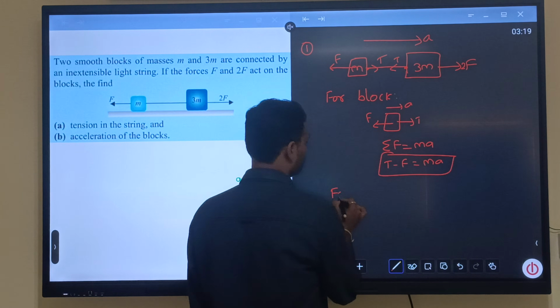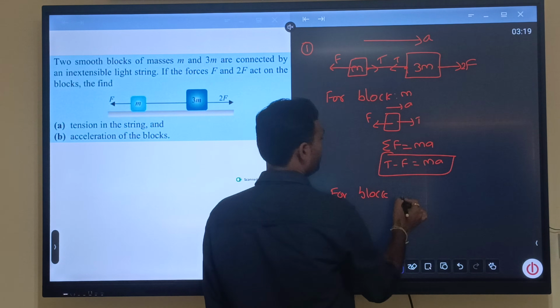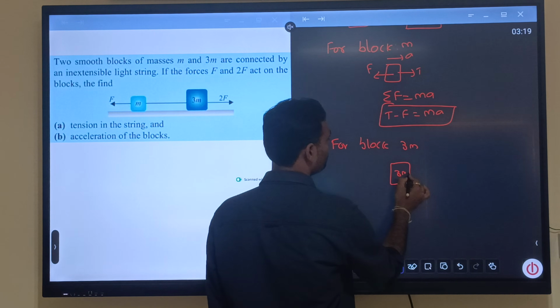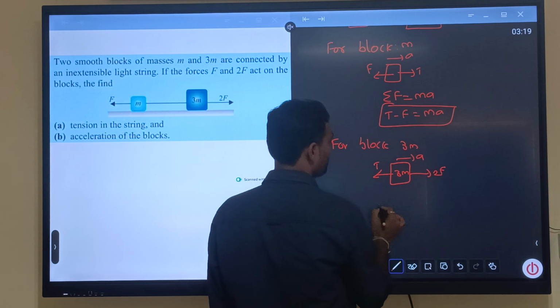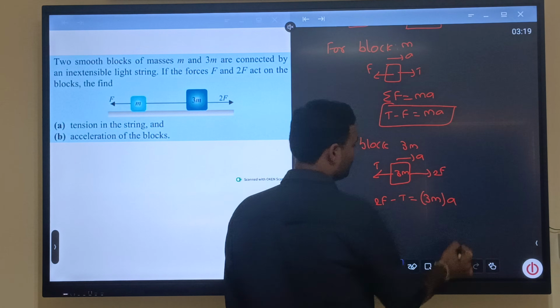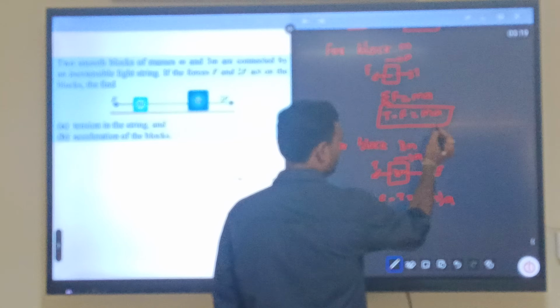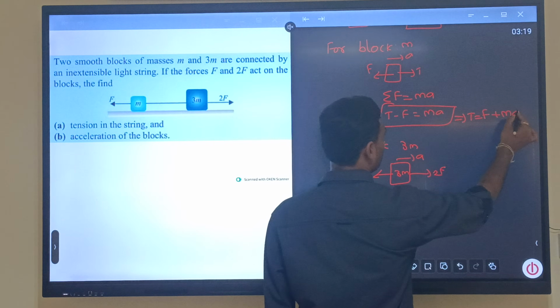Similarly, for block 3m, 2F minus T equals 3m into a, mass into acceleration, right? And here I can write T equals F plus ma.